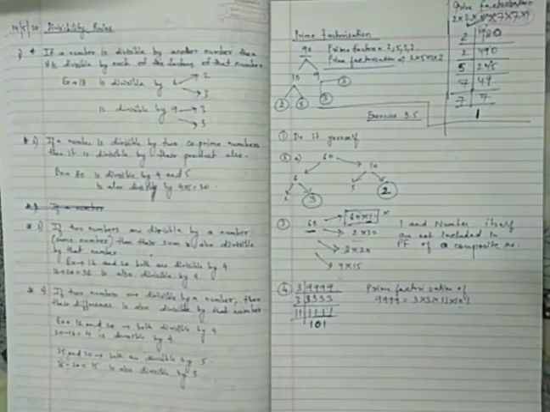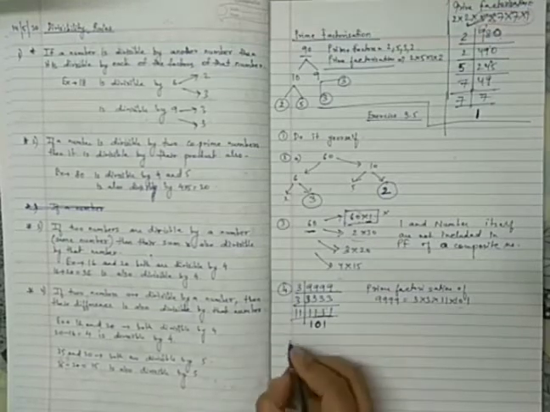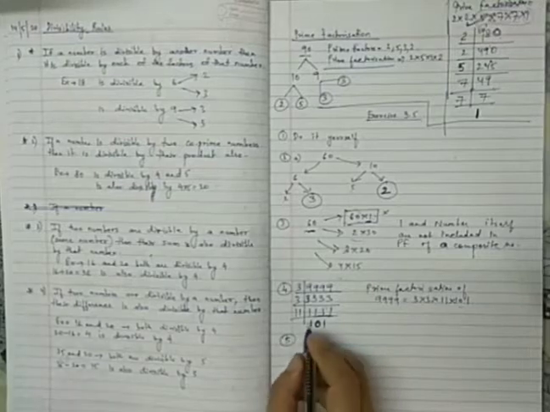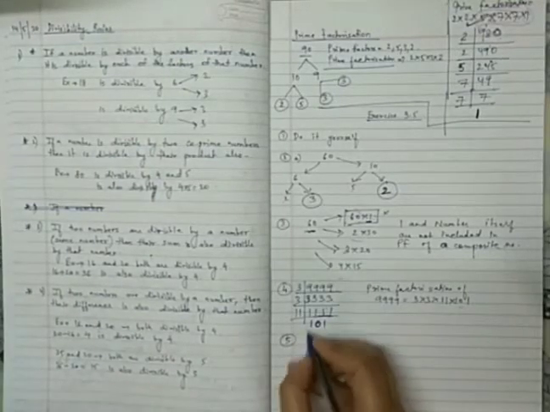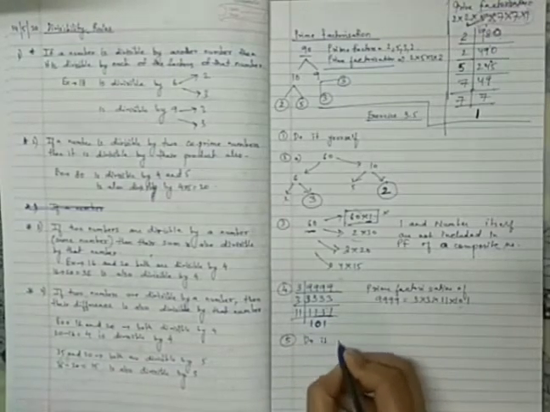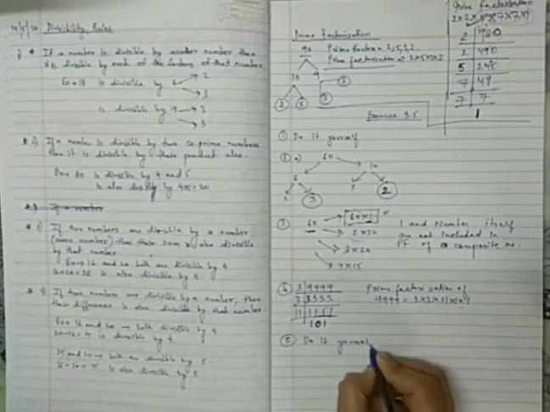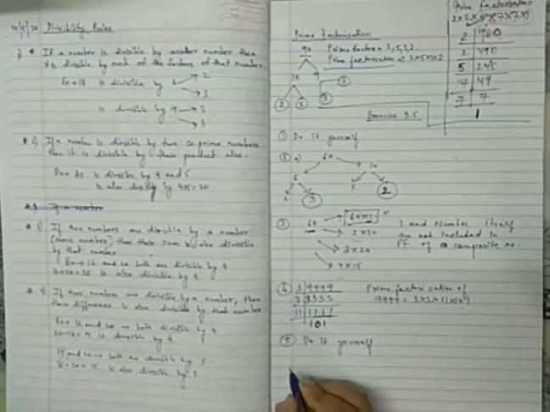It cannot be further divided. So this is question number 4. Question number 5 is similar. You will do it yourself. If you have any doubt, ask me during the doubt clearing session.